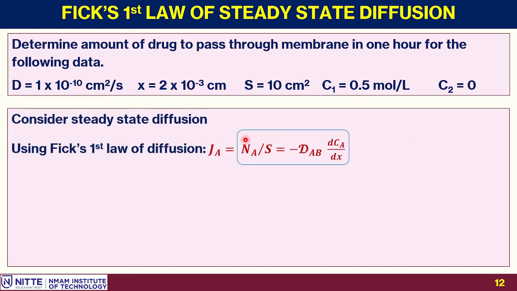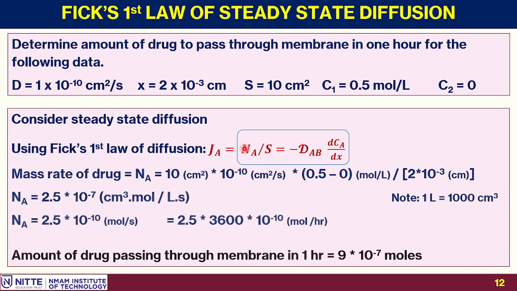We'll use NA by S, that is molar flow rate or mass flow rate upon surface area, is equal to minus DAB dCA by dx. When we make use of this equation, you observe that we'll be calculating NA, that is the mass transfer rate. So the mass rate of drug NA will be equal to, just substituting all the terms, DAB is equal to 10 power minus 10 centimeter square per second, and the surface area is 10 centimeter square.